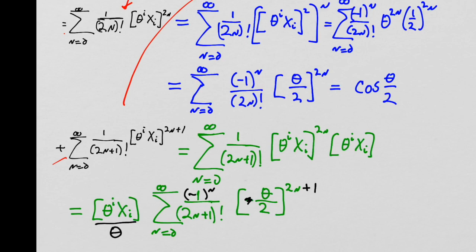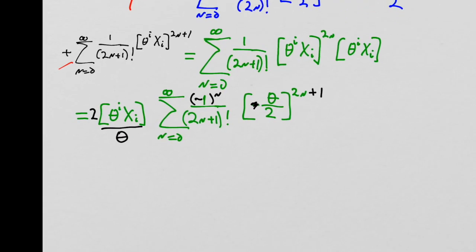I need to do an extra factor of theta over 2, so I need a 2 here. And when I do that, this guy then is the sine series. So I end up with 2 times theta hat I xi, because theta divided by theta we call theta hat, and that equals that, and then I have sine theta over 2.